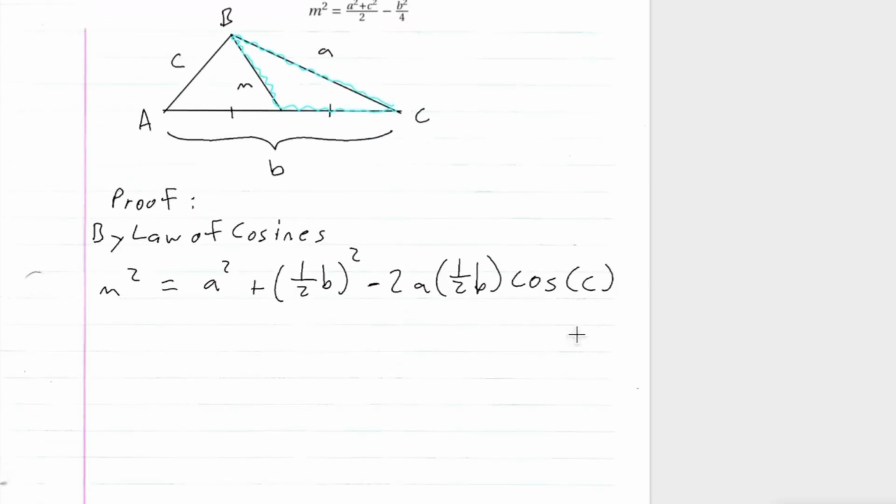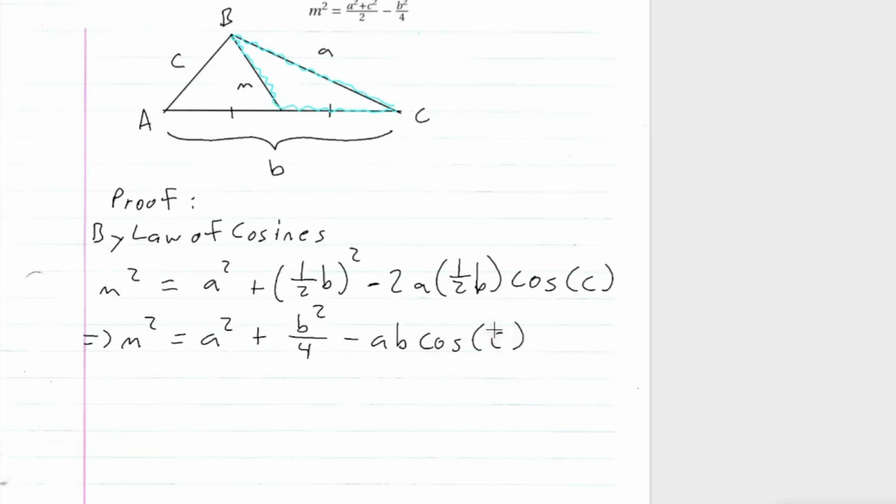All right, so let's go ahead and simplify this. m squared is equal to a squared plus, 1/2 times 1/2 is 1/4, and b times b is b squared, so b squared over 4, minus 2 times 1/2 is just 1, so this reduces to minus ab cosine of c.